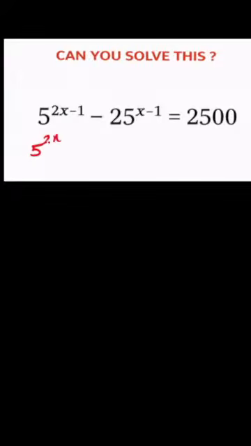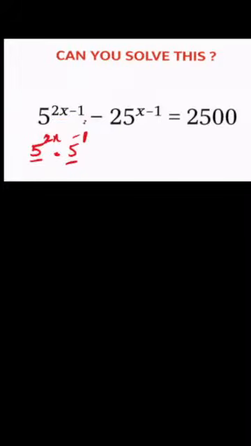So can I write this as 5 raised to power 2x into 5 raised to power minus 1? Because the bases are same and the powers get added, that only gives me the same expression, right? Correct?